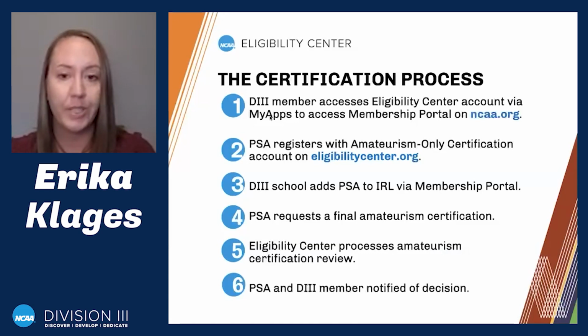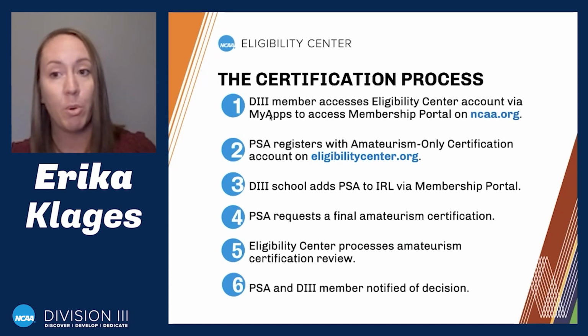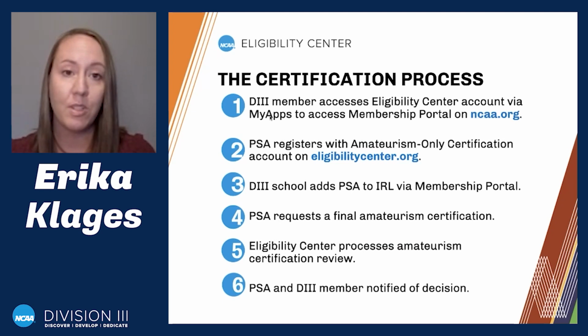As a review, for those of you who attended the July webinar, this is a very high-level overview of what the Eligibility Center amateurism process looks like. We start with the Division III member institution gaining access to the membership portal through the Eligibility Center app in My Apps.